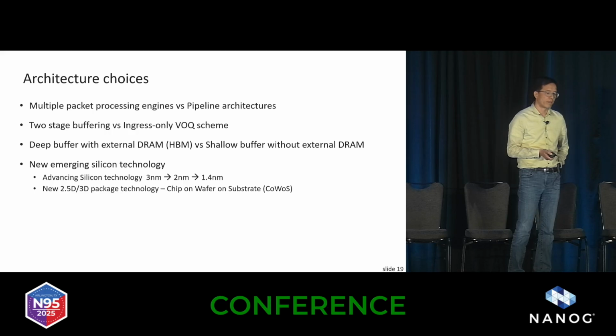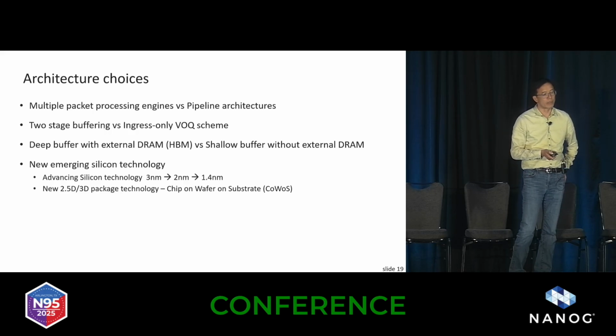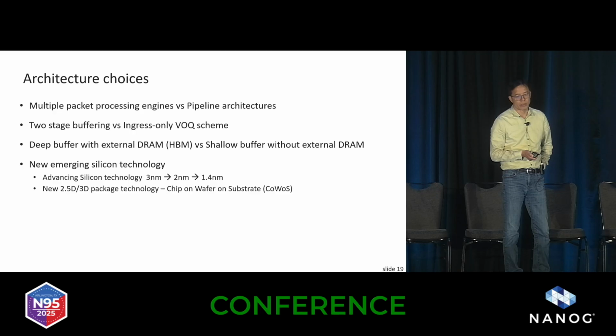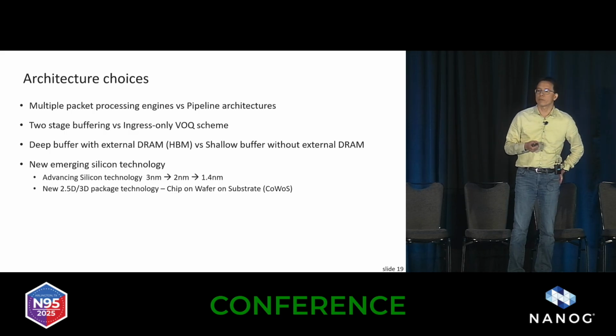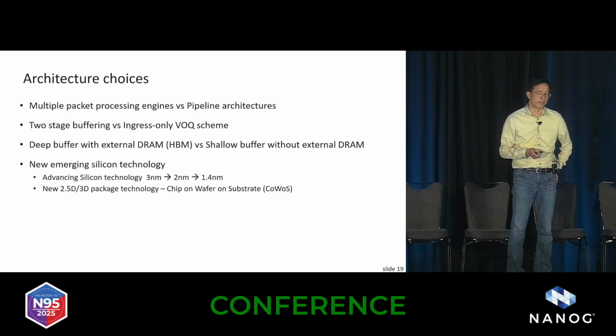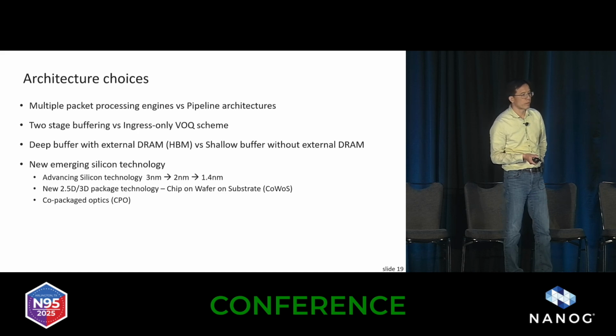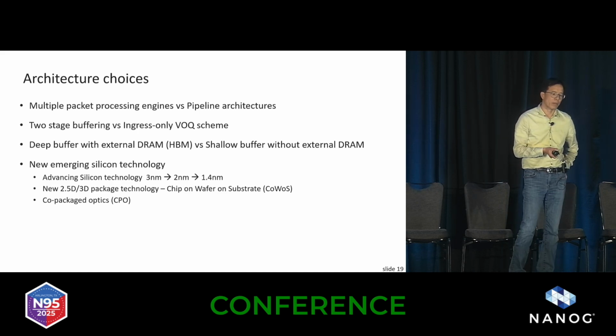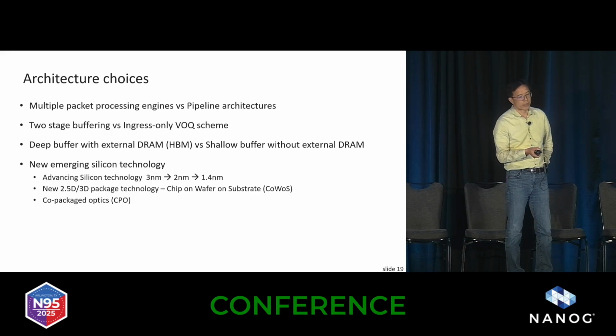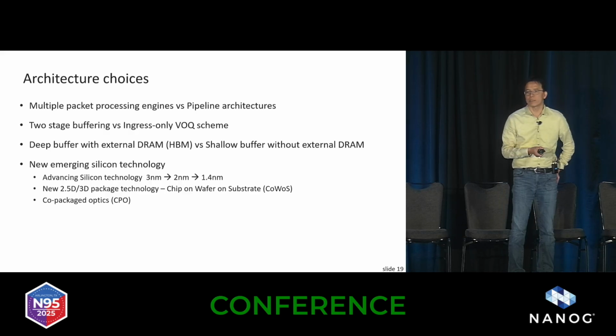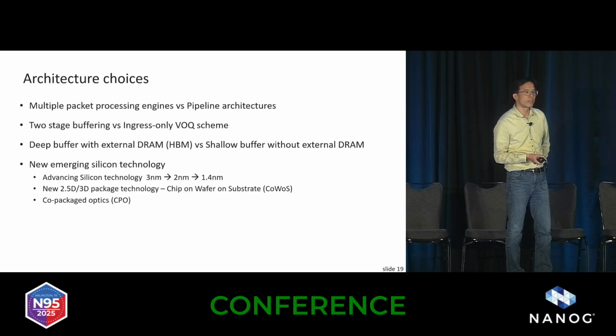Second is new 2.5D and 3D package technology, such as CoWoS, chip on wafer on substrate, which allows us to put multiple dies connected together within a single package. There's also a new topic, co-packaged optics. The industry has different views on this, and some companies think this is the way to go. I think it's a good technology if we can pull it through.